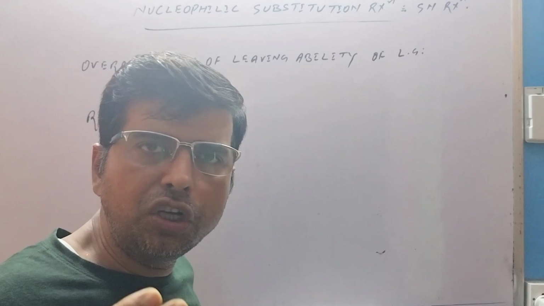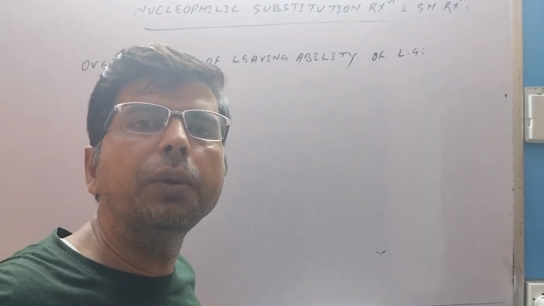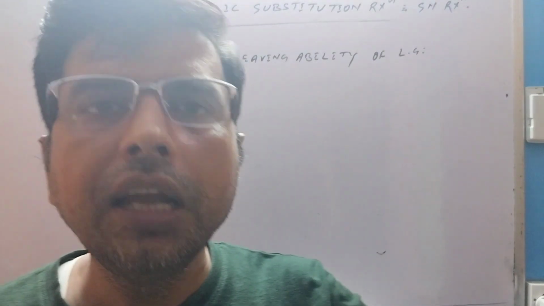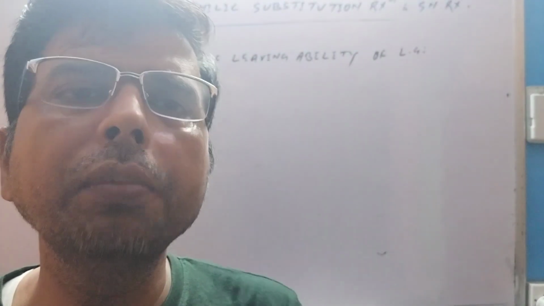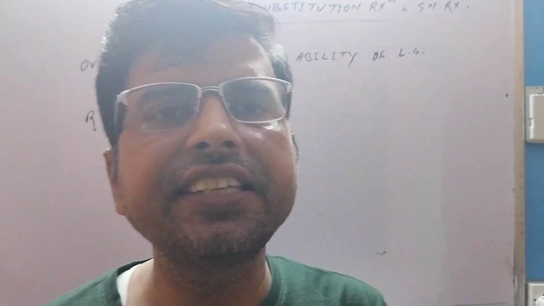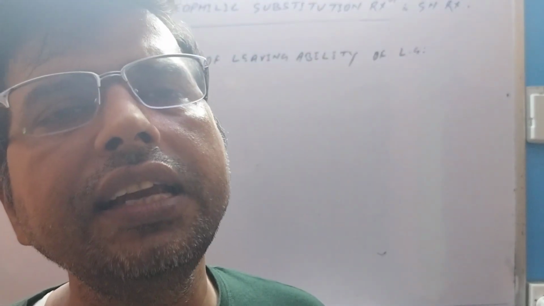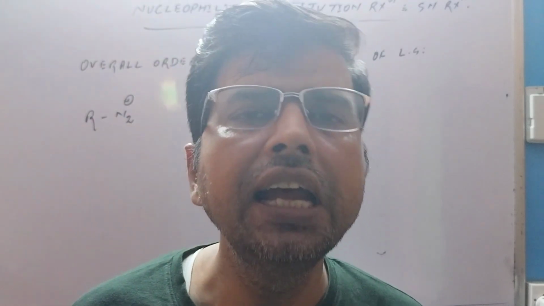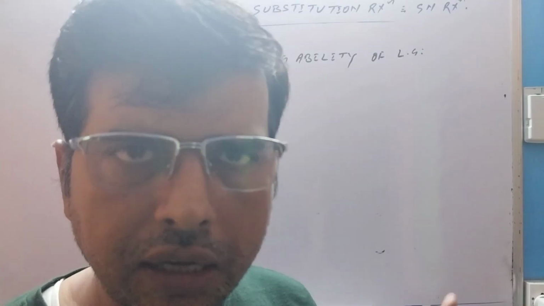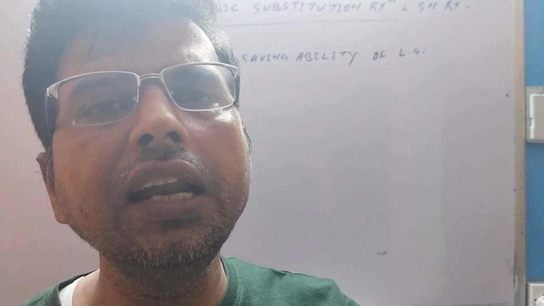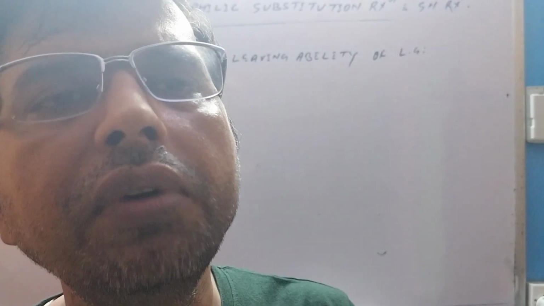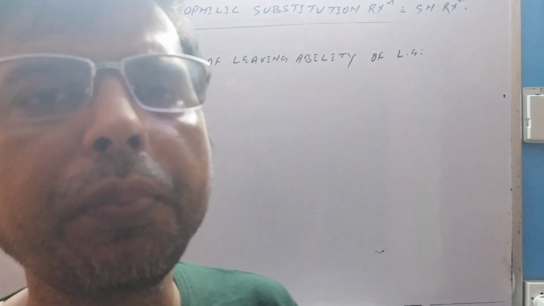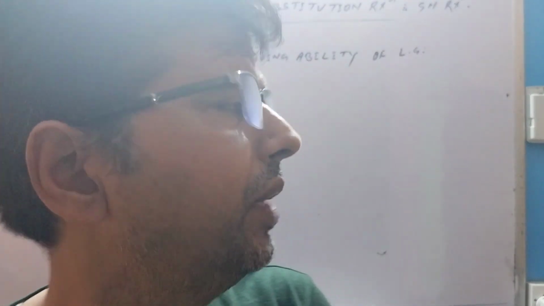According to Le Chatelier principle, if one of the products is a gas, it escapes out and the rate of forward reaction dominates. So in any case where the leaving group is a gaseous species, the rate of SN reaction is exceptionally high.